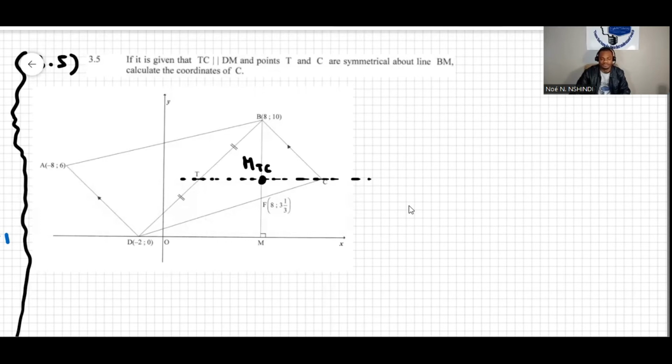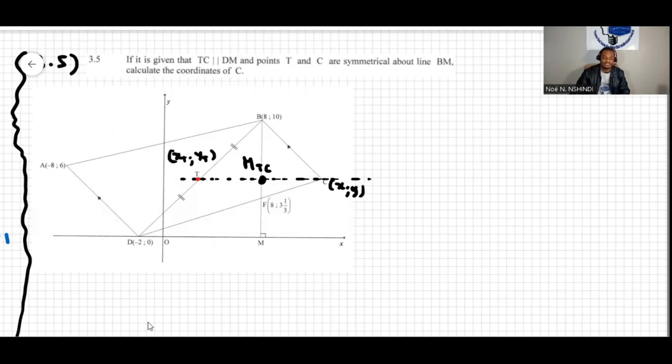Calculate the coordinate of C. The coordinates of C are unknown, x, y. We can find C using the midpoint formula, but we can first find T, because T is also unknown, xt and yt.